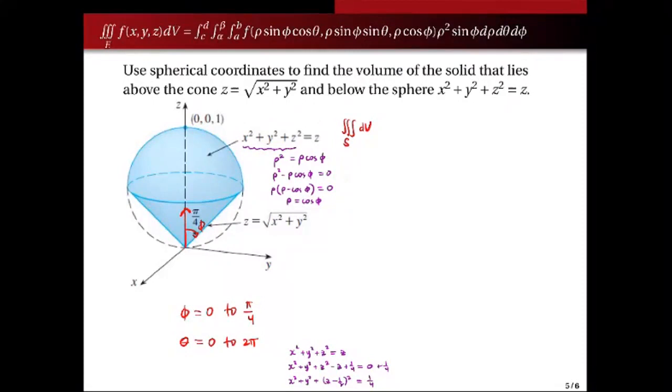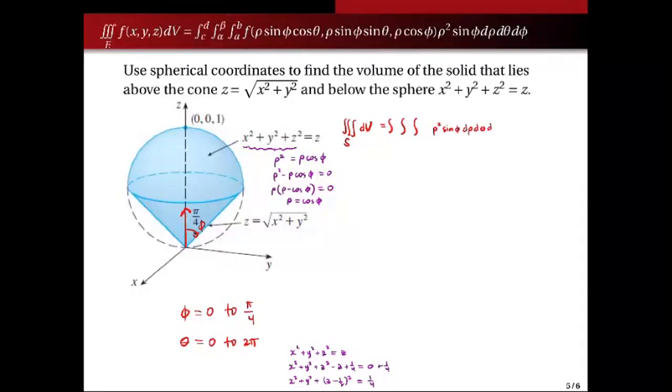Therefore, we will have the integral, and then you have your dv, that's rho squared sine phi d rho d theta d phi.